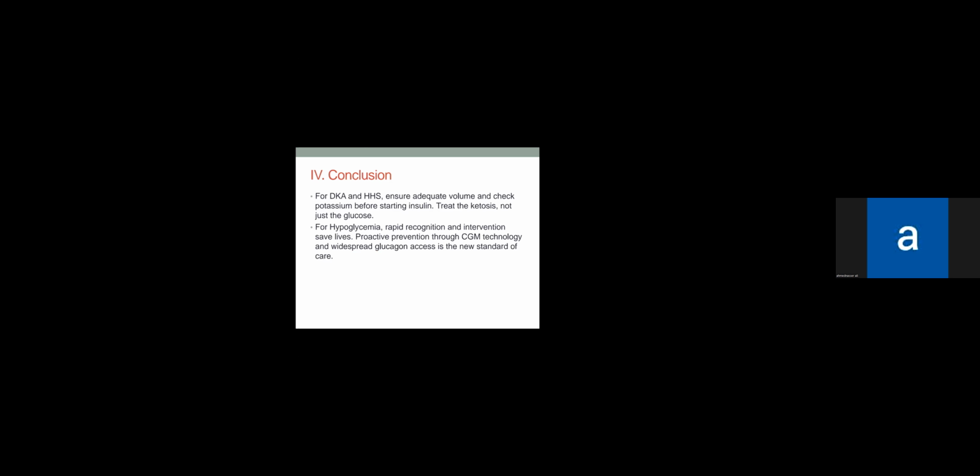I think I didn't put in the slides that the ADA added new guidelines to prevent hypoglycemia, as a prophylactic for patients who are liable to hypoglycemia.